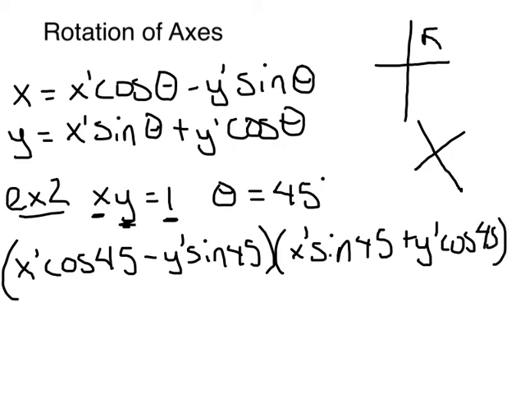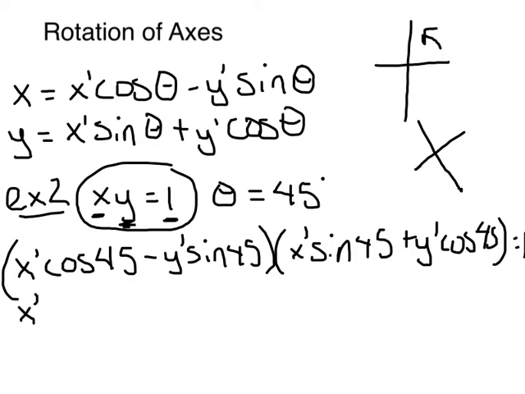And according to our original equation, this equals 1. Well, the cosine of 45 is rad 2 over 2, and the sine of 45 degrees is also rad 2 over 2.